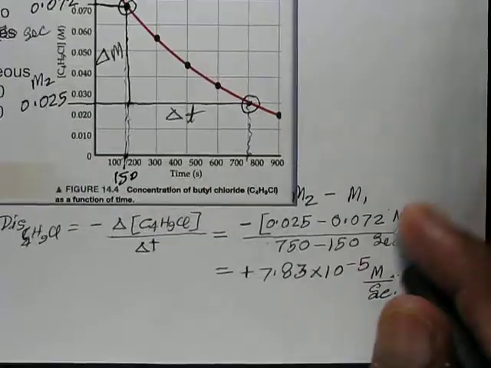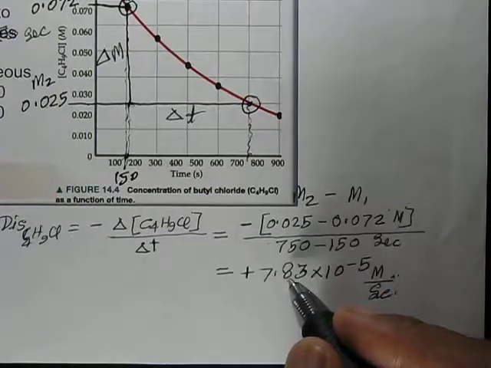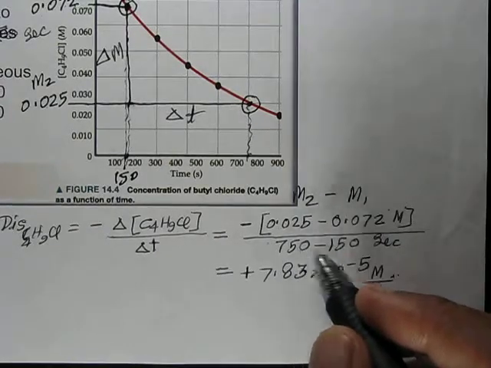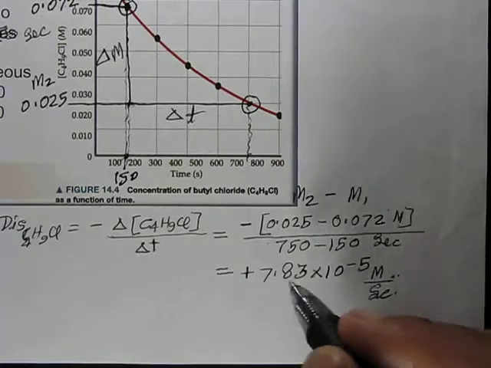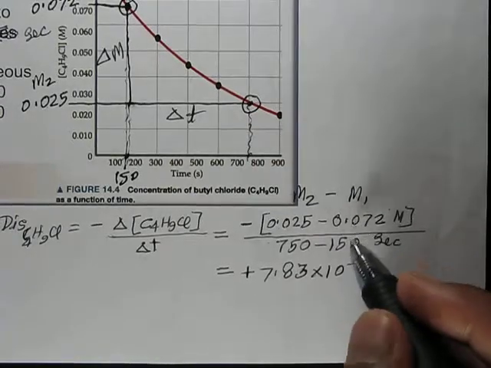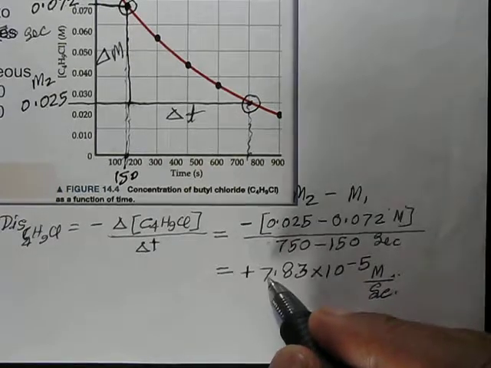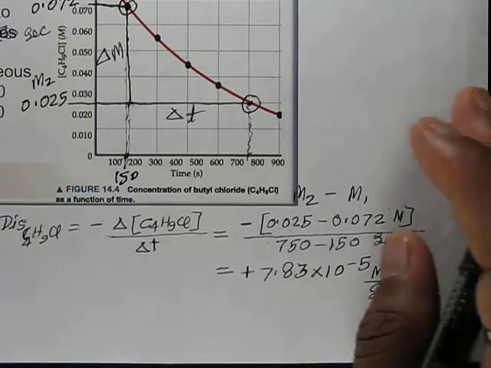Once you calculate, you will get the average rate. You also have to subtract the seconds: 750 minus 150 will be 600. So this value after subtraction divided by 600 will give you 7.83 times 10 to the minus 5 molarity per second.